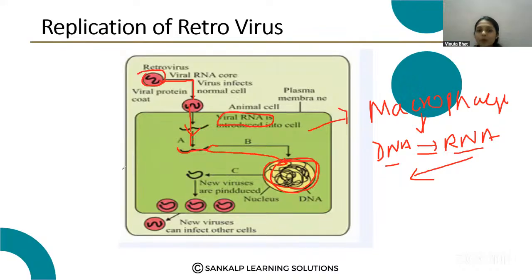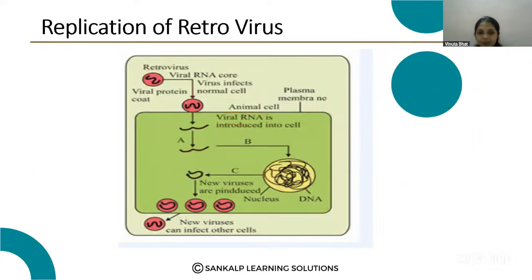This viral DNA is incorporated, mixed with the DNA of the cell, and this DNA produces RNA. New RNA is formed by transcription, which develops into a new virus. These are the viral particles, and the protein coat develops around the RNA particle.